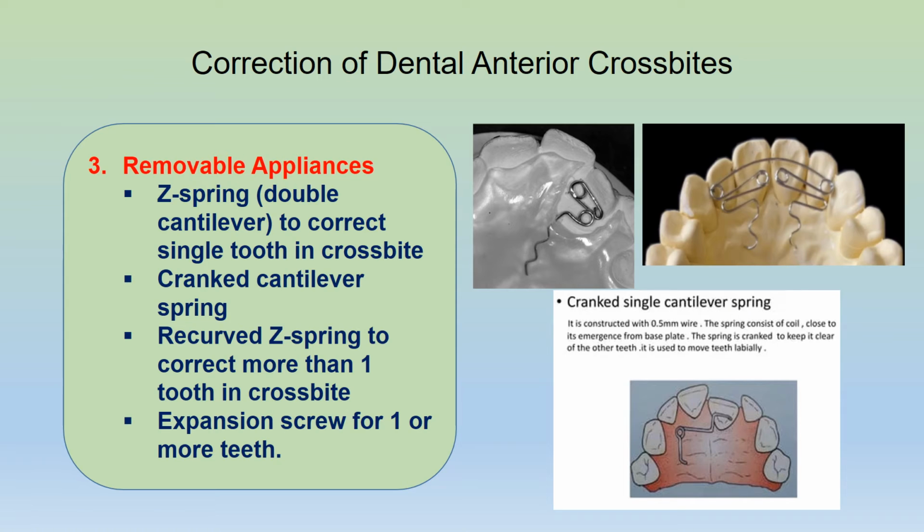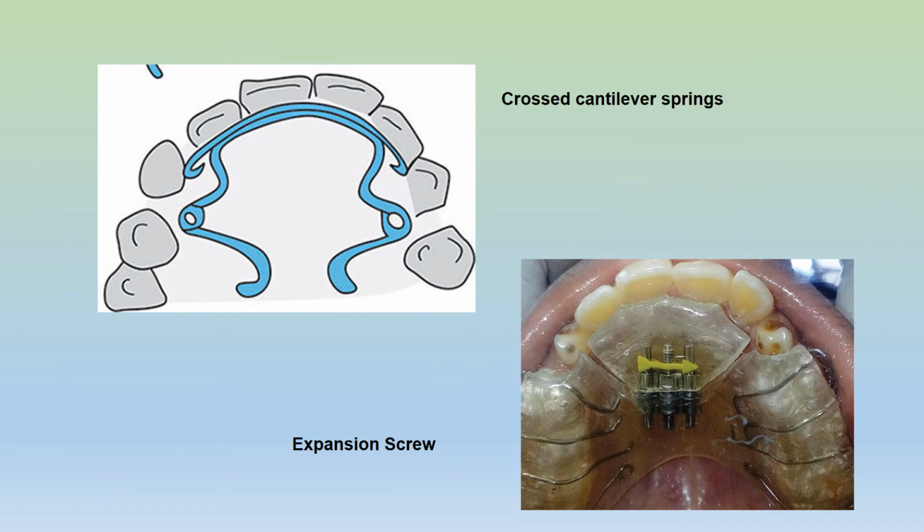We can have a recurved Z spring to correct more than one tooth in crossbite, or we could use an expansion screw for one or more teeth. Now, this is a cross cantilever spring, and this is an example of an expansion screw to correct the crossbite involving 4 teeth.